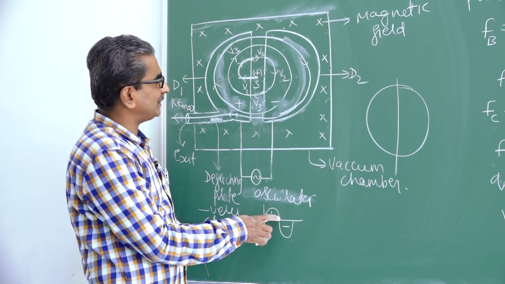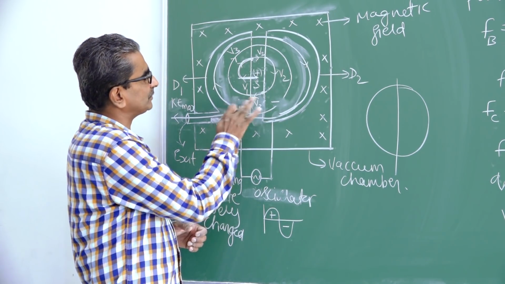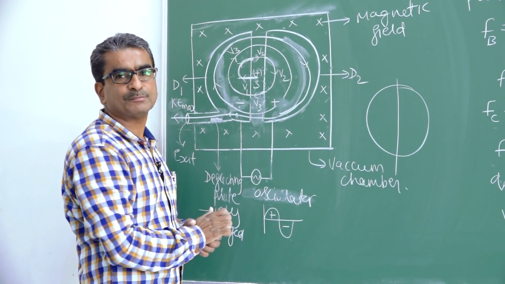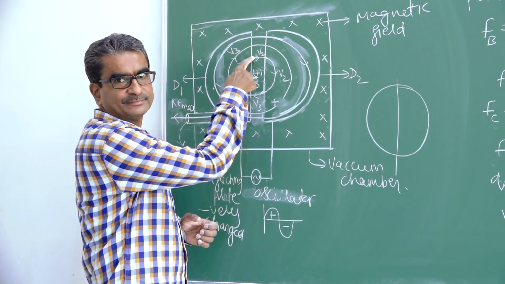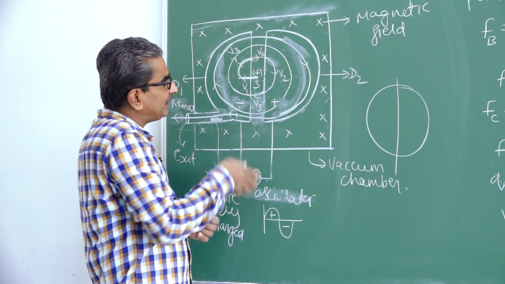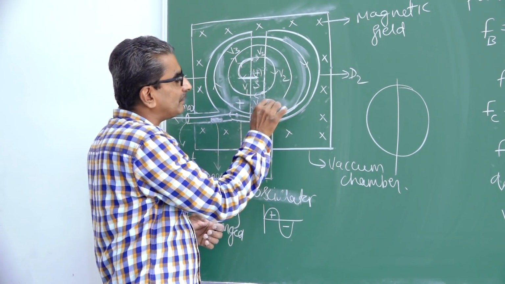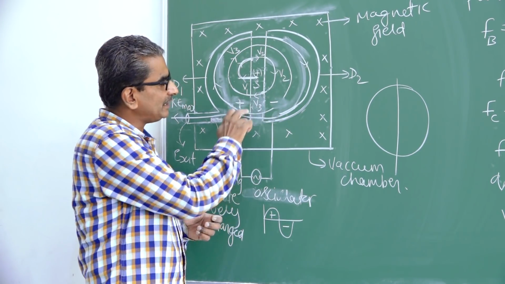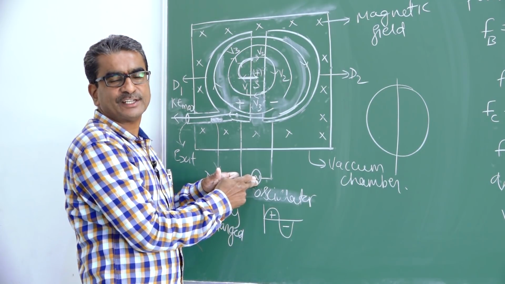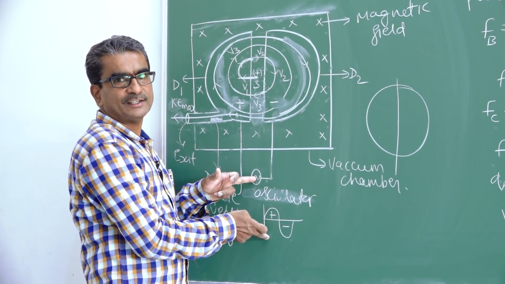During the positive half cycle, if this D is negative and this D is positive, by the time the charged particle comes out of this D, this should become negative and this should become positive. How is it done? By adjusting the frequency of AC.